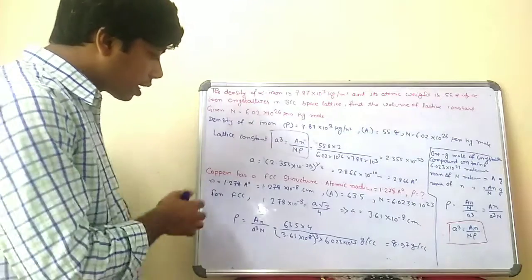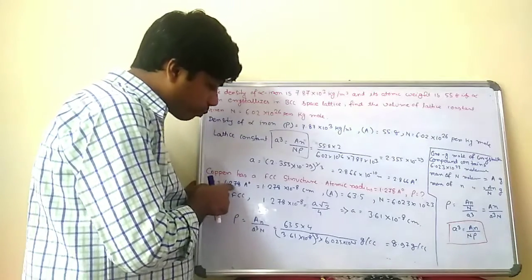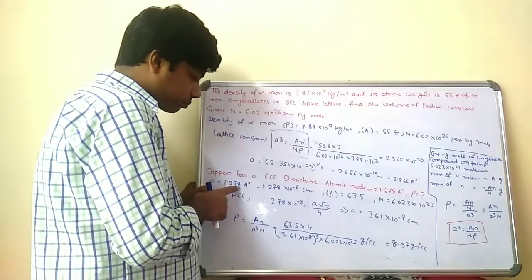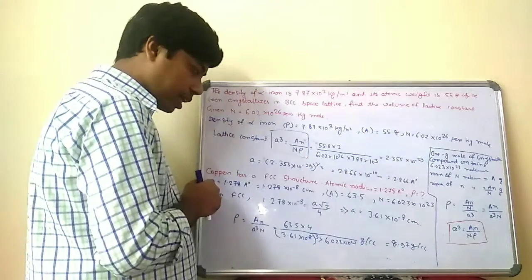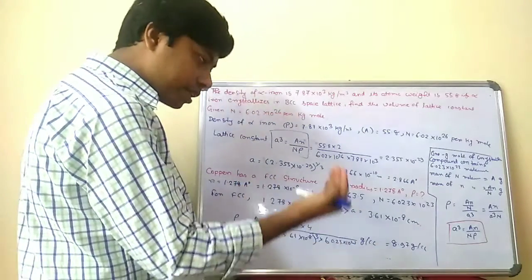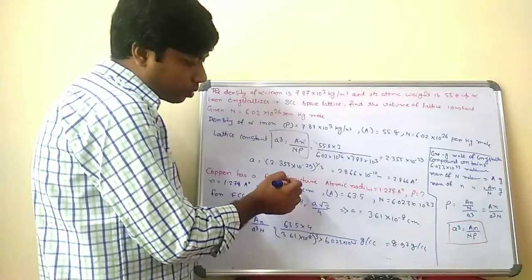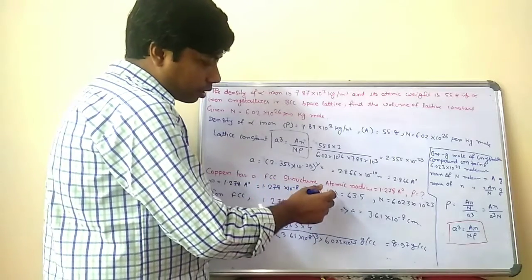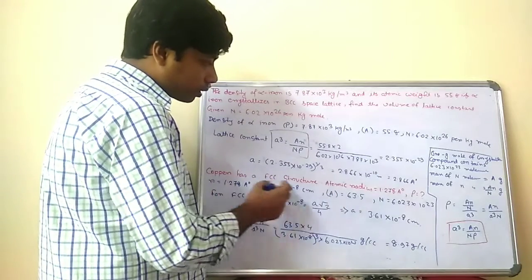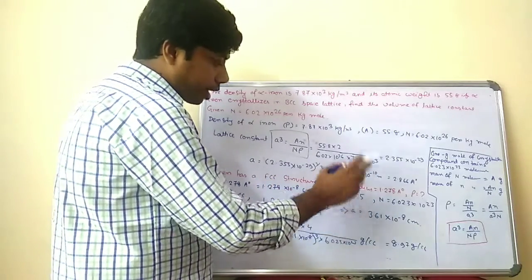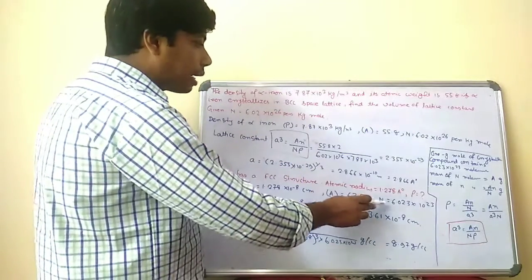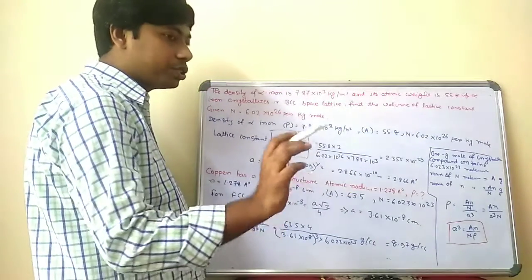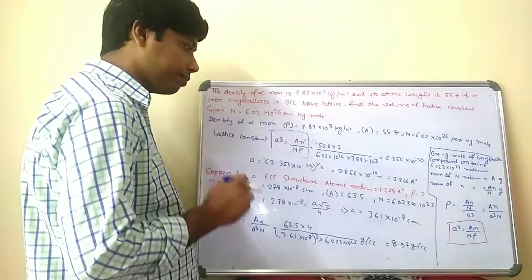How do you calculate? The radius is given to you, that is 1.278 angstrom, that means 1.278 into 10 to the power minus 10 meter, or you can convert it into centimeter, it will be 10 to the power minus 8 centimeter. The atomic weight of copper is known to you, that is 63.5, and Avogadro's number is 6.023 into 10 to the power 23.